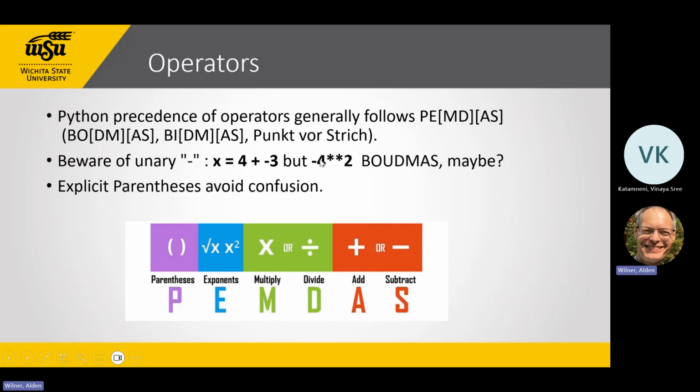Or do I get 4 squared and then negated? And the answer is I actually get 4 squared and then negate it, because the exponentiation happens before the unary minus, right? So in any case, if you ever have any concern, just throw in a whole bunch of parentheses until it's clear what you mean.